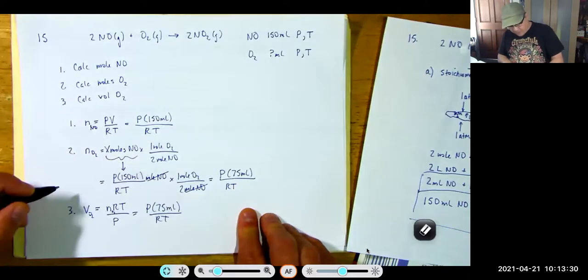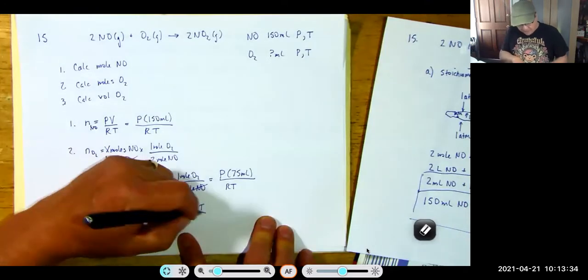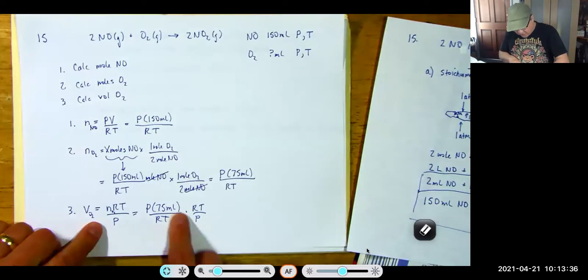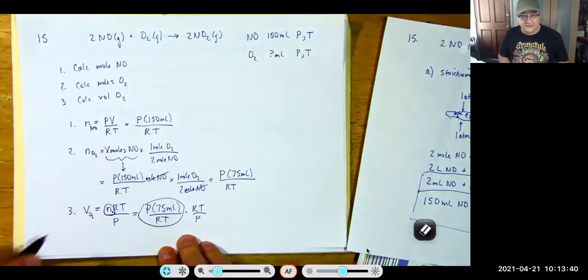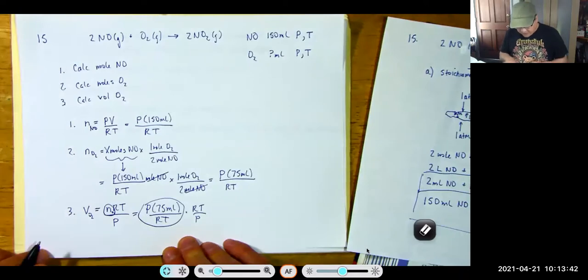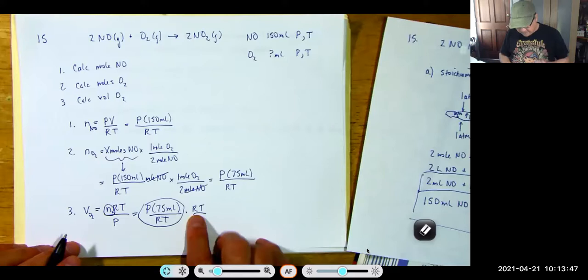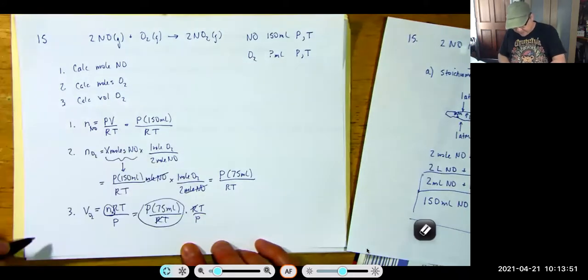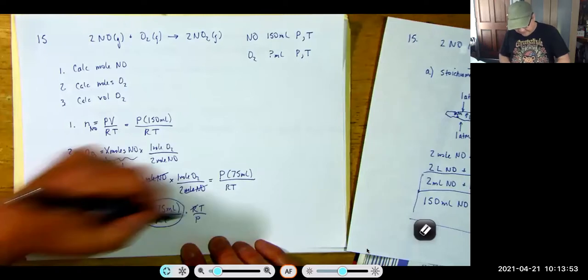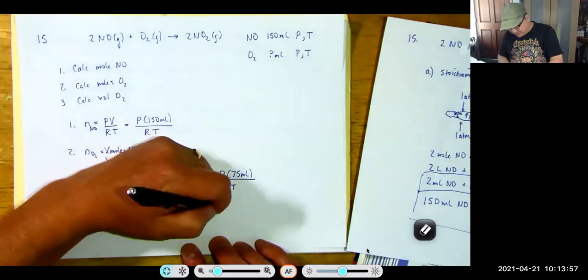Now we have to multiply that times RT over P from over here, because all of this is n. Now let's take a look at when we multiply these. What happens to the R's? They cancel. What happened to the T's? Cancel. What happens to the P's? Cancel. And we're left with 75 milliliters.